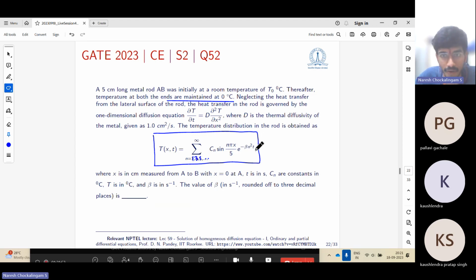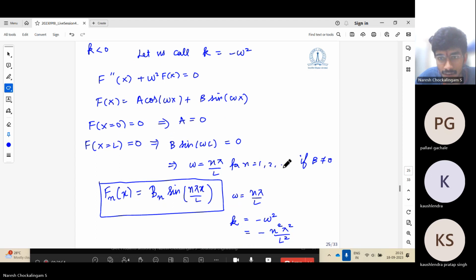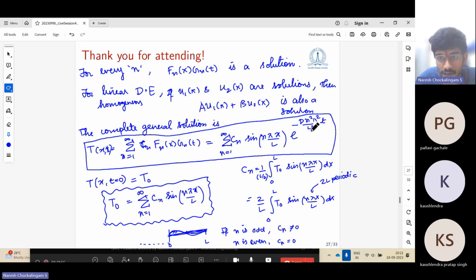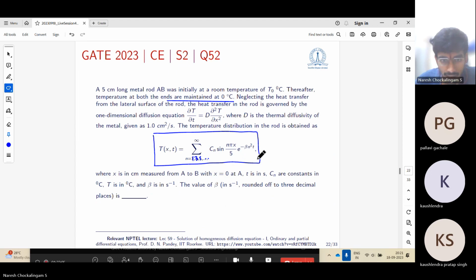So as the last step, what did we have in the exponent? We have minus d n square pi square by L square t. Just compare this expression with what is given here. So e power minus beta n square t is nothing but this, the same, right? L is 5. n pi by L x is the same.